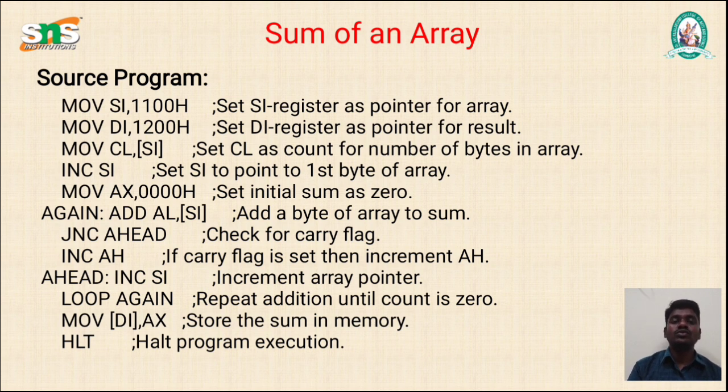Otherwise it will jump to INC SI. So this is what we are using, the JNC instruction here. If no carry is obtained, it will jump to INC SI and increment the array pointer.